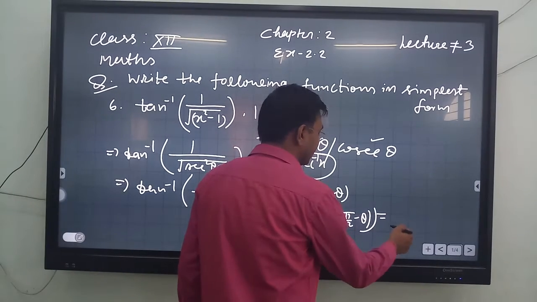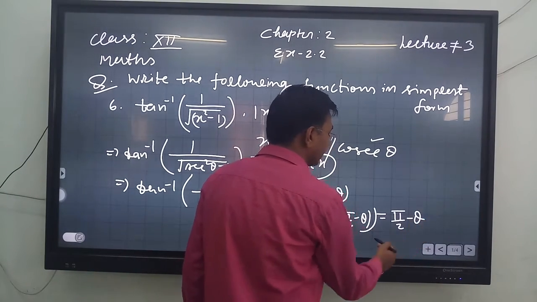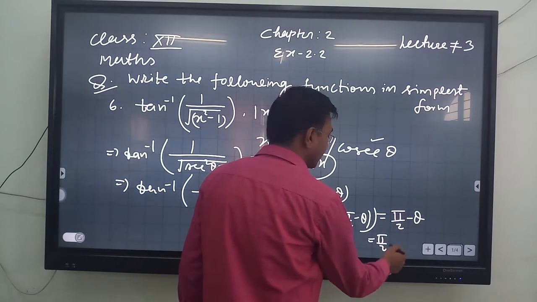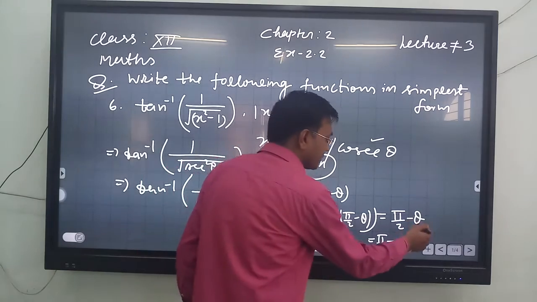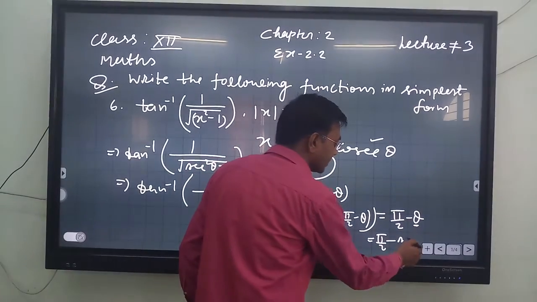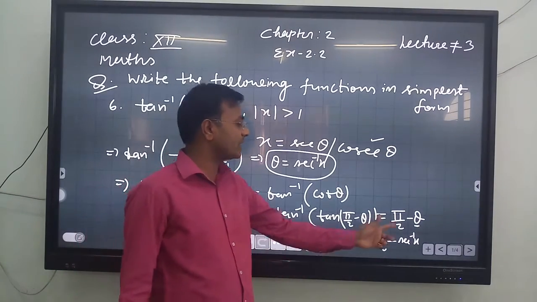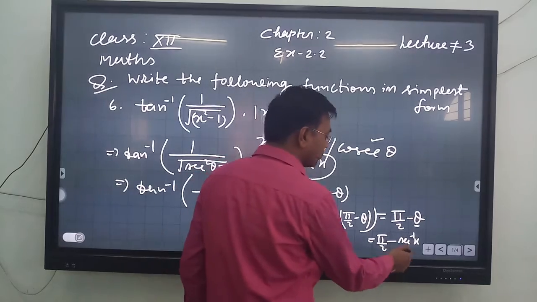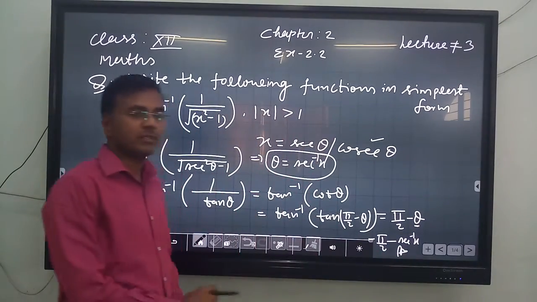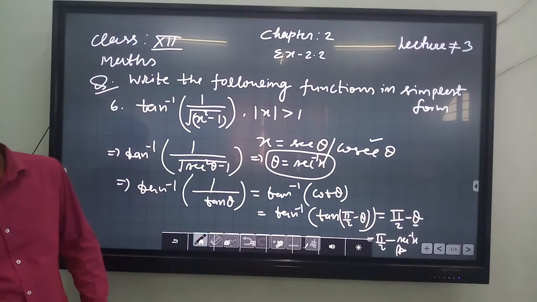By the inverse trigonometric function property we will get pi by 2 minus theta, and pi by 2 minus theta means pi by 2 minus sec inverse x, after substituting the value of theta as sec inverse x. We can also write pi by 2 minus sec inverse x equals cosec inverse x. So you can write your answer as pi by 2 minus this, or you can write cosec inverse x. Okay, so this is question number 6.